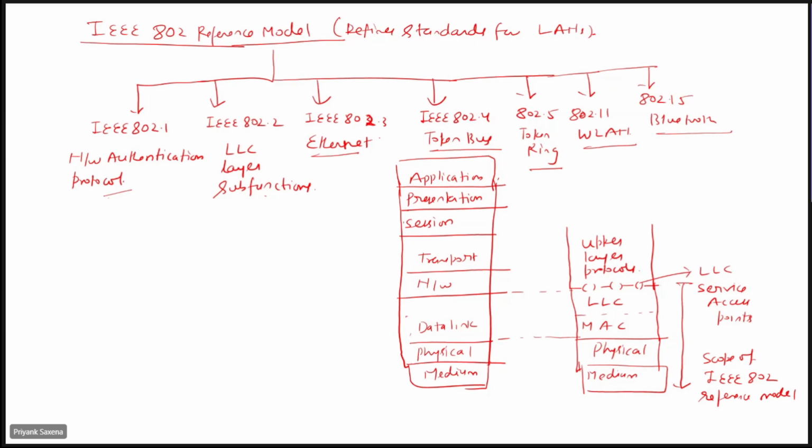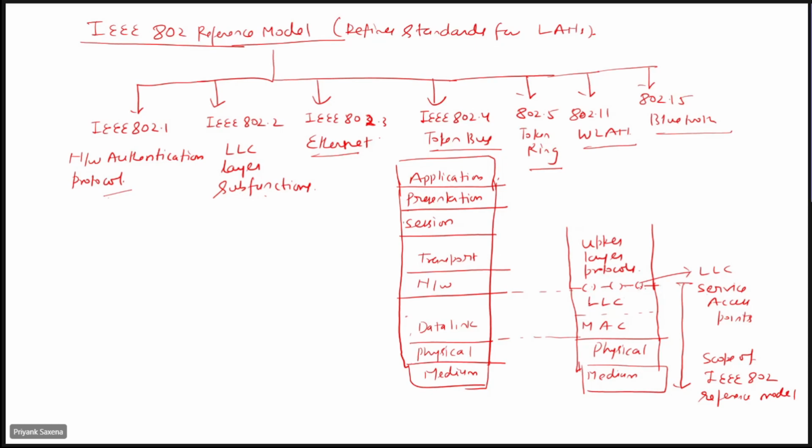So the idea was that in an OSI model, this data link layer, I have already told you, is divided into MAC and LLC, and each point, each user of LLC is termed as service access point. This is also one difference between TCP/IP and this. In OSI, what do we call it? We call it service access point, right? So it's an LLC user which provides services to the upper layer protocols.